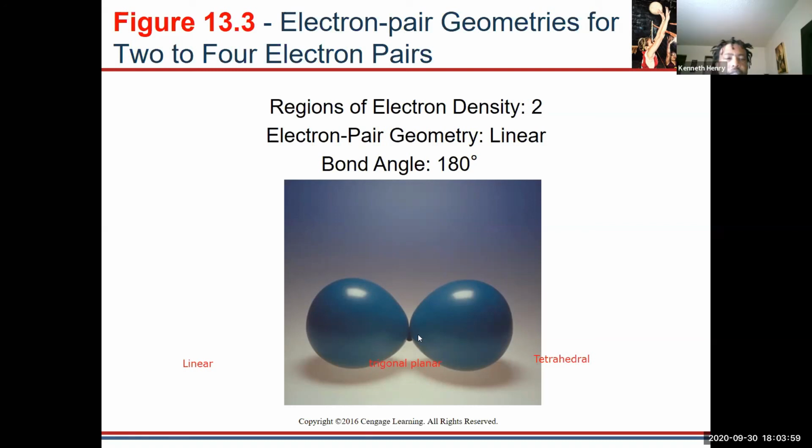Okay, so here, these are just balloons showing you the same thing. If you have two balloons tied together, they're going to form a linear structure. So if you have two atoms interacting together with a single bond, it's going to be a linear structure.